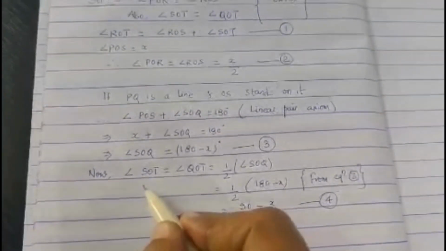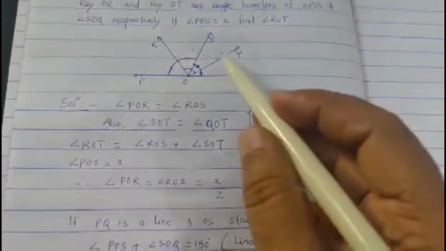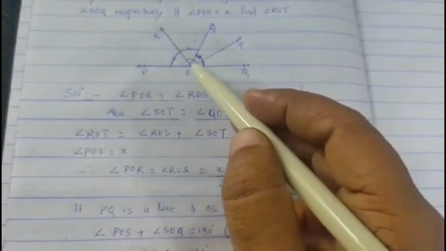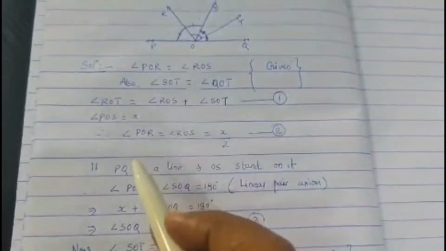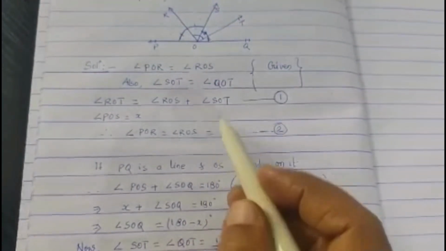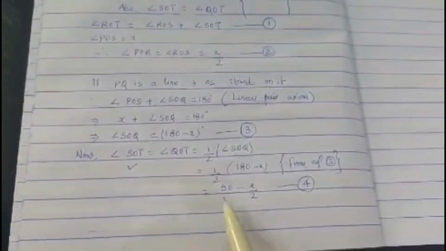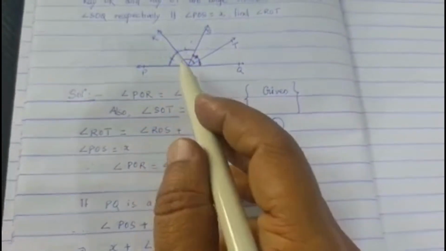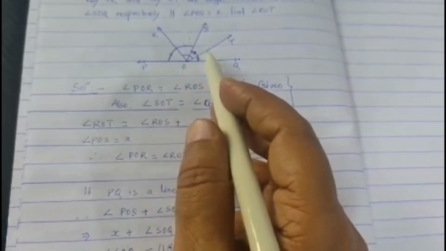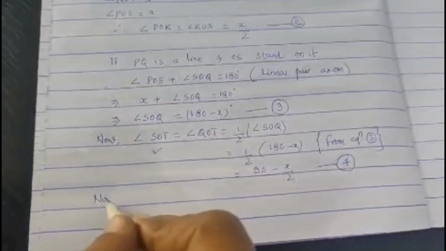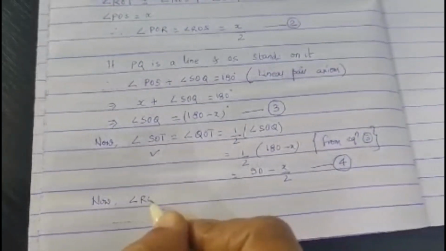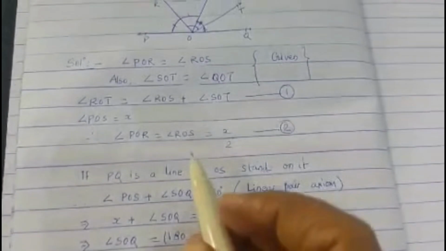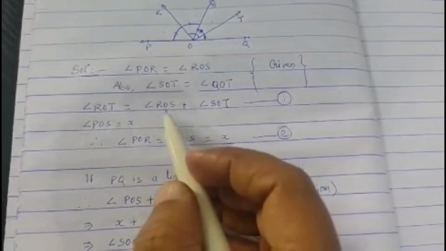So now we have found this SOT, and this ROS also we have found. See here, ROS is X by 2 and SOT is 90 minus X by 2. So if we add these two angles, we find ROT. Now angle ROT is equal to, as we have written here, ROS plus SOT.